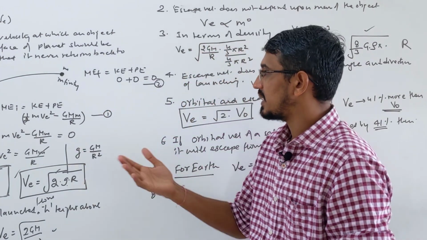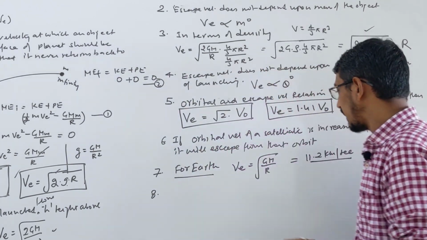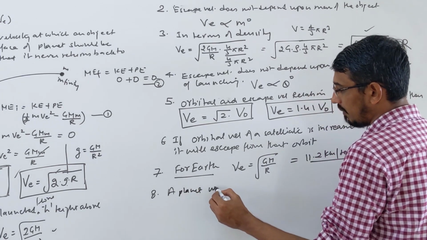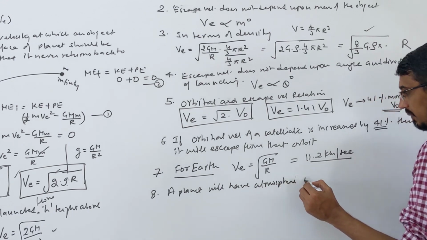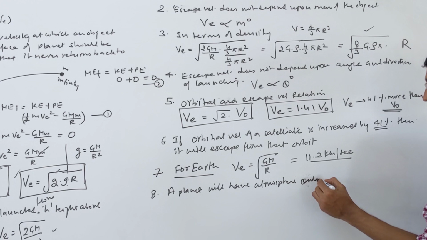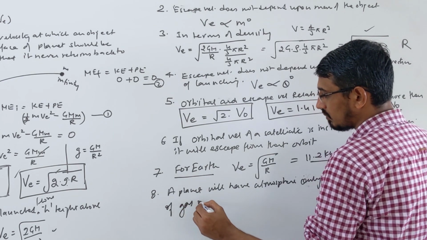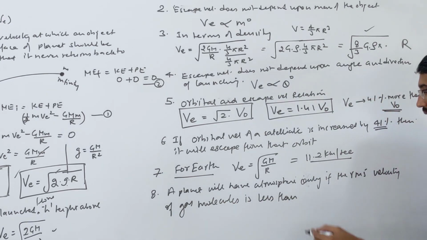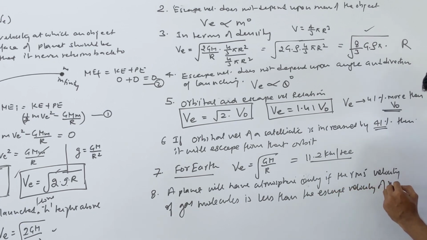If the velocity of the gases is less than the escape velocity, then only that planet will have an atmosphere, like Earth. This is a very important point. A planet or a satellite will have an atmosphere only if the RMS velocity of gas molecules is less than the escape velocity of that planet.